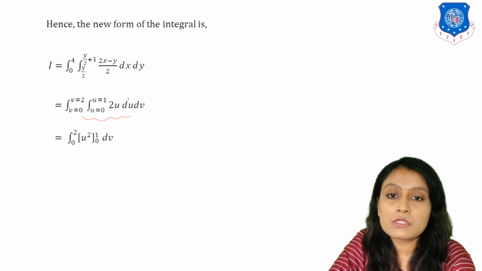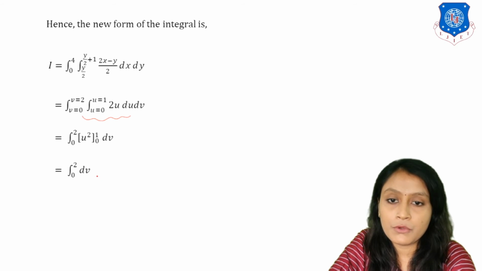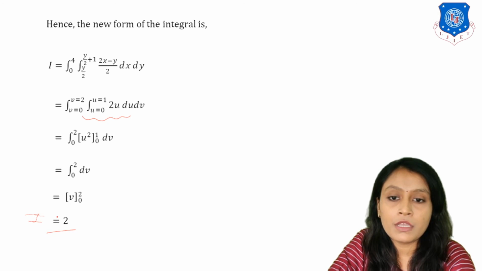Integration of u is u square upon 2, that 2 will get cancelled, so we have only u square, with limits of u from 0 to 1. Now substitute the limits, so you will get 1 minus 0, that is 1 dv. Now again evaluate this integration, so you will get v, with limits 0 to 2. Substituting the limits, you will get the answer of this integration as 2, by changing the coordinates to u and v.